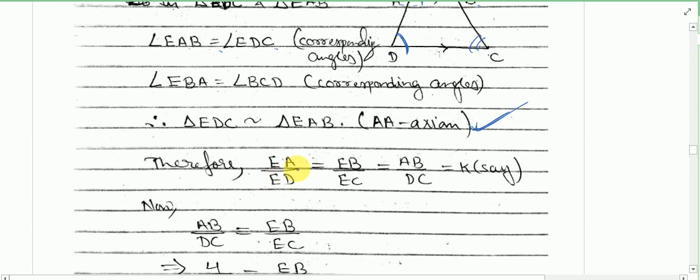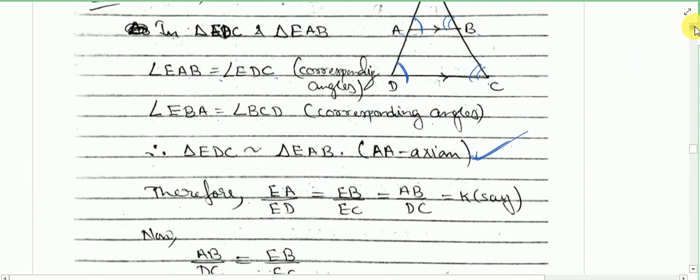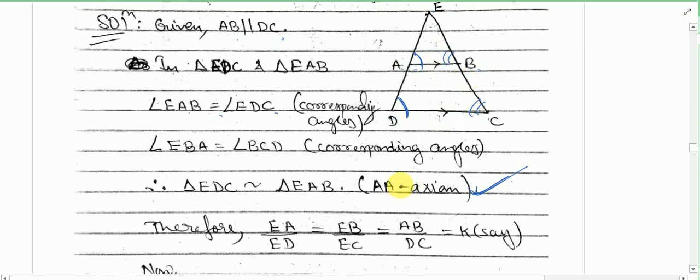Since these two triangles are similar, corresponding sides are proportional. So corresponding to EA is ED, corresponding to EB is EC, and corresponding to AB is DC.